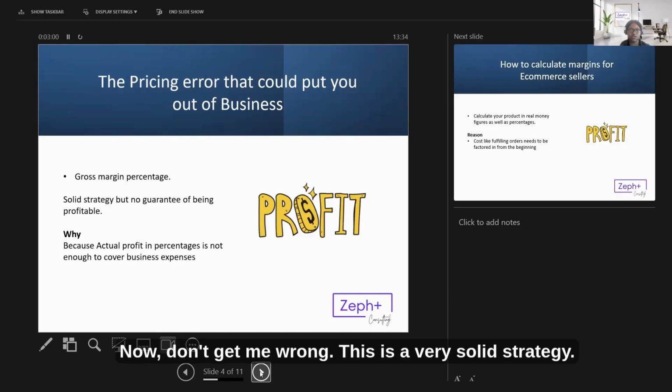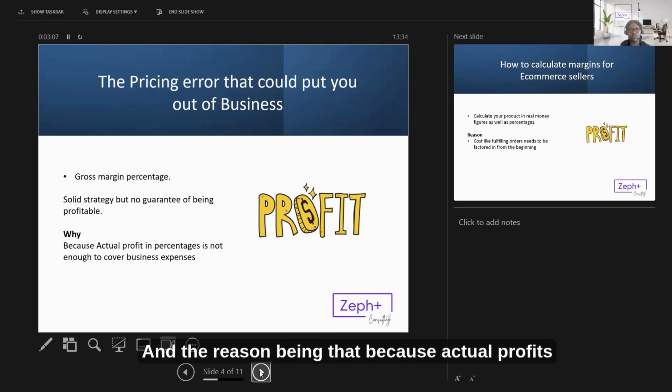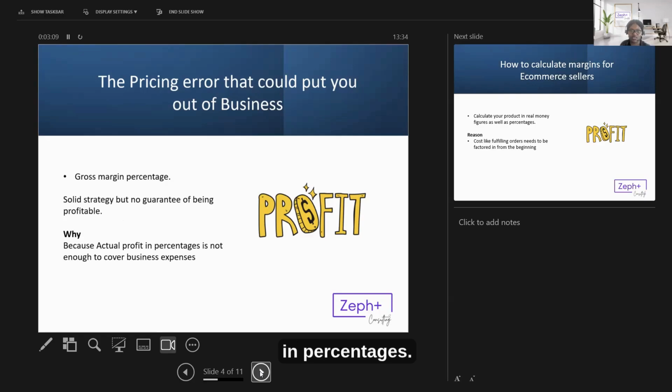Now, don't get me wrong, this is a very solid strategy, but the issue is that it doesn't guarantee you being profitable, because profit in percentages is not enough to cover business expenses. What does that mean? A 75% margin could mean a lot of things, depending on how much you're talking about. 75% of £10 is a different figure from 75% of £1,000.